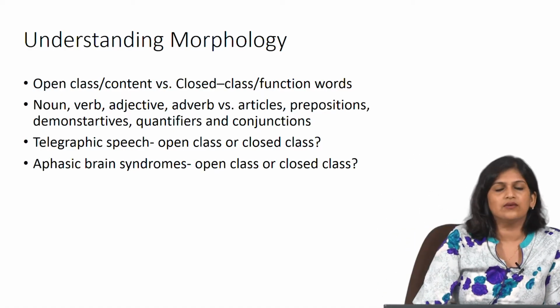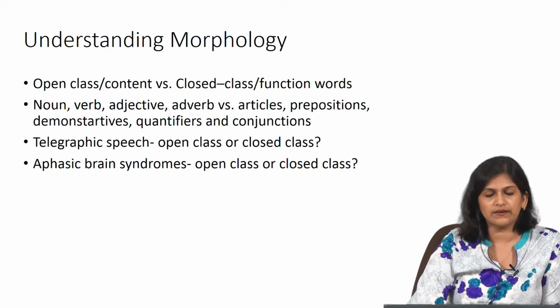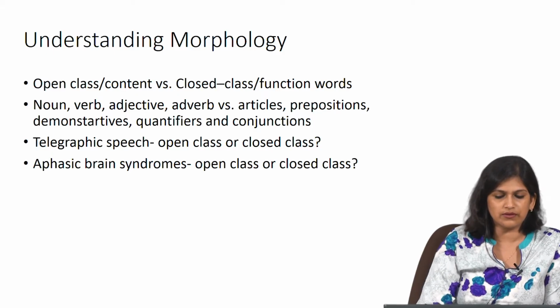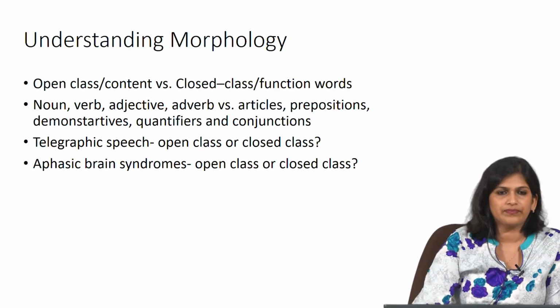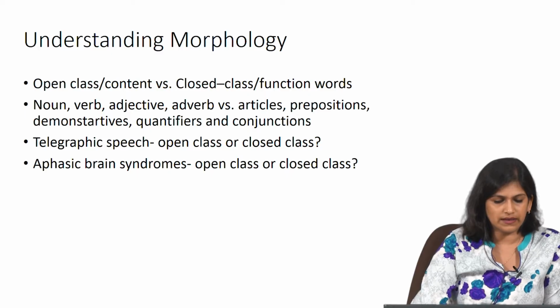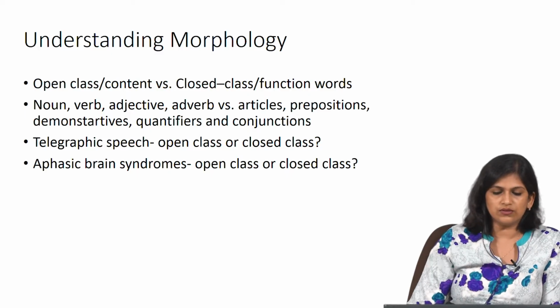I have also discussed what an open class word is and what a closed class word is. So, can you figure out what should be an open class word and what should be a closed class word? Some examples. The nouns, verbs, adverbs and adjectives are the open class words. And what are the closed class words?